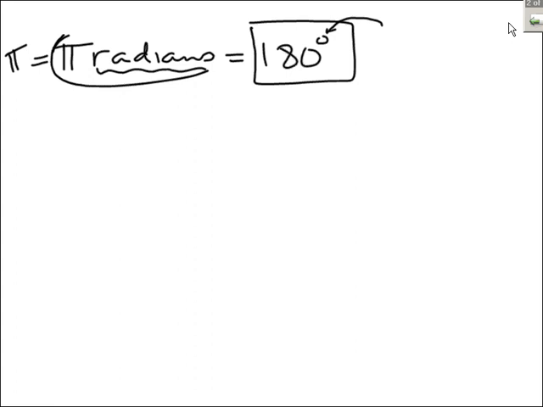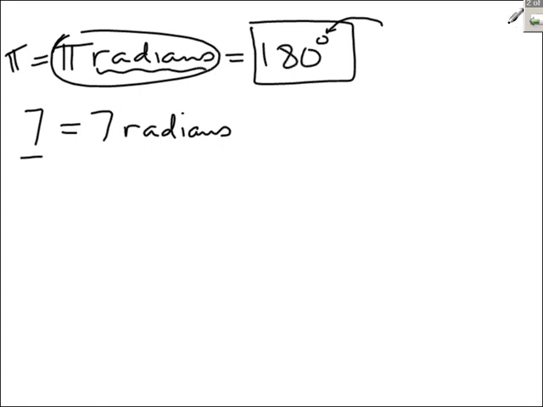It's understood to be pi radians. If somebody says 7, and it's understood to be an angle, then it's shorthand notation for 7 radians. If I tell you 13 degrees, well then it's clearly an angle and it's 13 degrees.